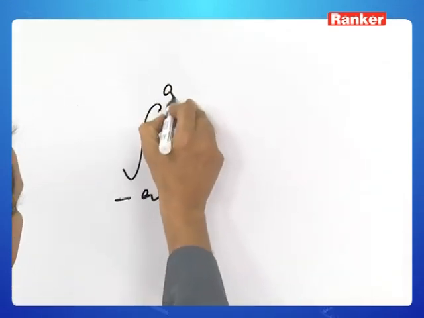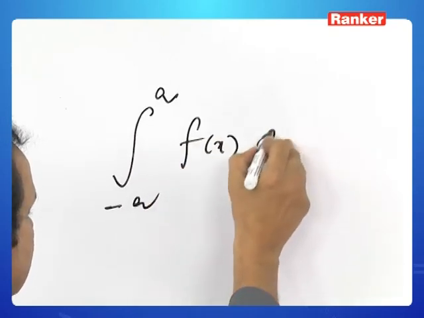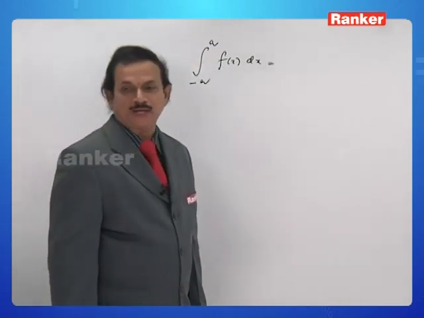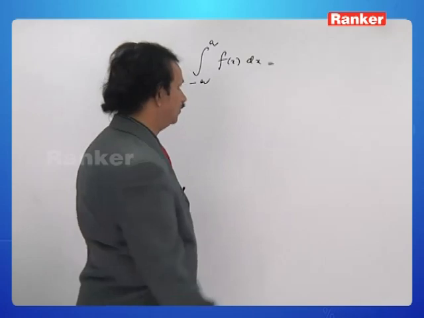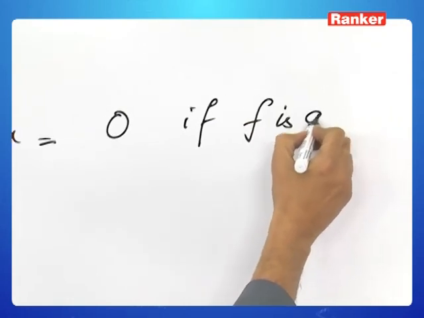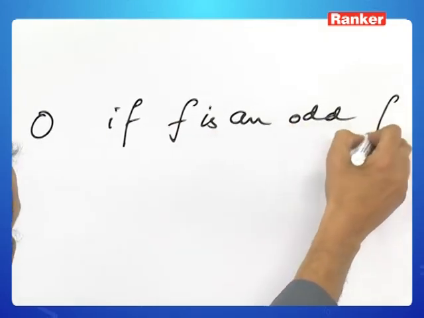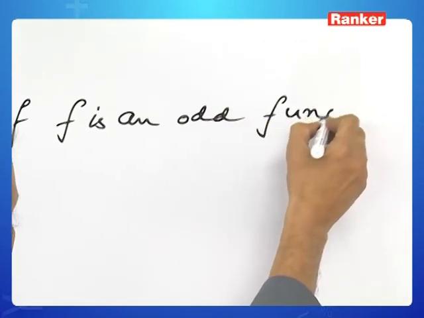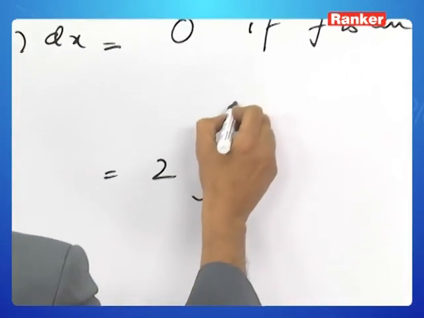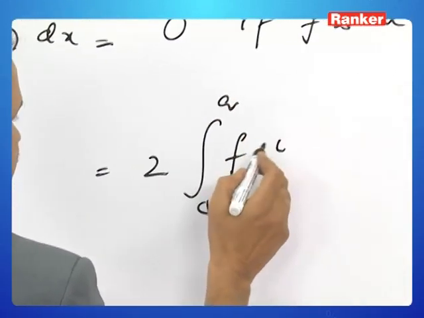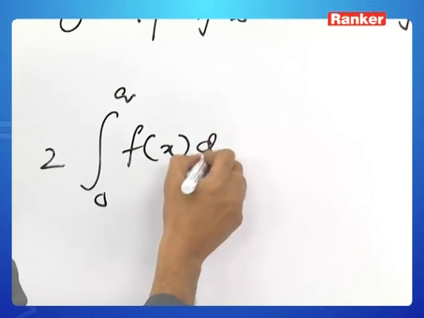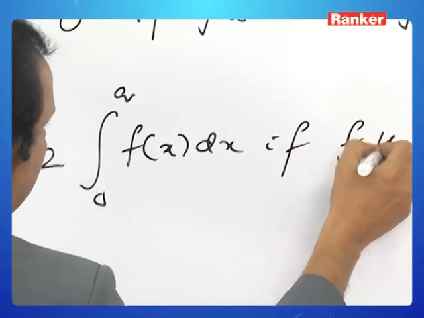Integral minus a to a of f of x dx is equal to 0 if f is an odd function, and 2 into integral 0 to a of f of x dx if f is an even function.